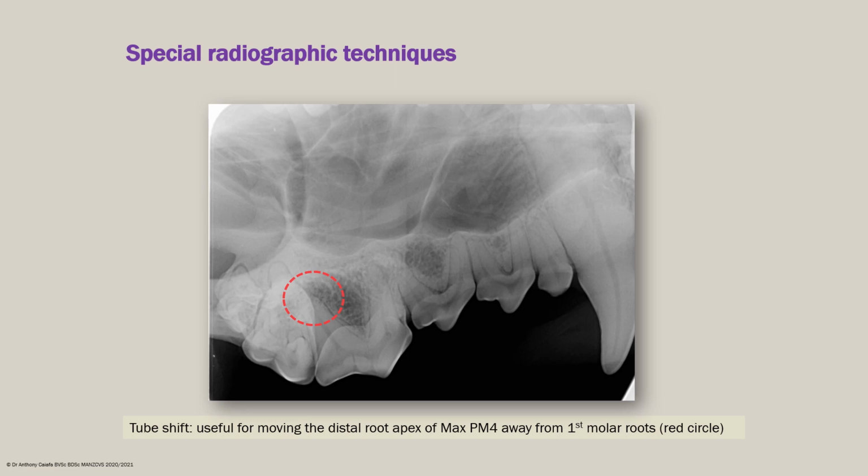If we utilize the tube shift and we move our X-ray tube caudally, the tube shift rule says that anything that is lingual or palatal will move in the same direction as the tube shift, so we'll move caudally or distally, and anything that is buccal will move in the opposite direction or in a rostral or mesial direction, and the acronym for that is SLOB, same lingual opposite buccal.